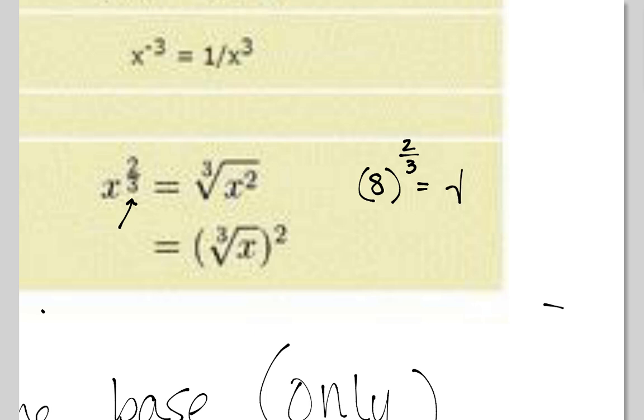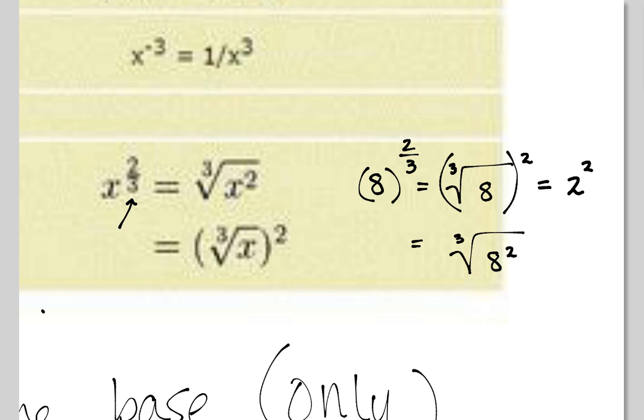Now, when you do this, you can do the cube root of 8 and then square it, or you can do the 8 squared first and then cube it. So that's your option. For the number 8, you could go either way. The cube root of 8 is 2, and then you square it, you get 4.